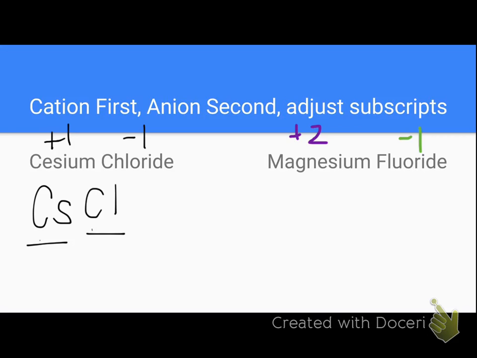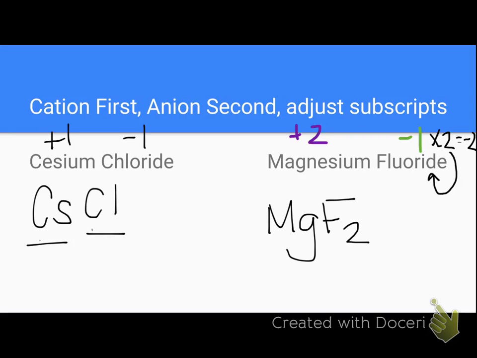My least common multiple between these numbers, 2 and 1, is 2. So I have to multiply this 1 by 2 to equal -2. So that means I have to multiply my fluorine by 2. So when I'm writing this out, how many magnesiums do I have? Just 1. How many fluorines do I have? 2.